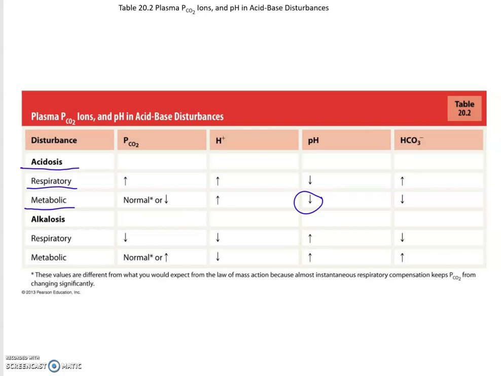Patients like that, they arrive in the hospital, they're probably in a diabetic kind of emergency. They're hyperventilating already because their body's trying to compensate for the extra hydrogen ions. So metabolic acidosis, an example for that would be a ketoacidosis.